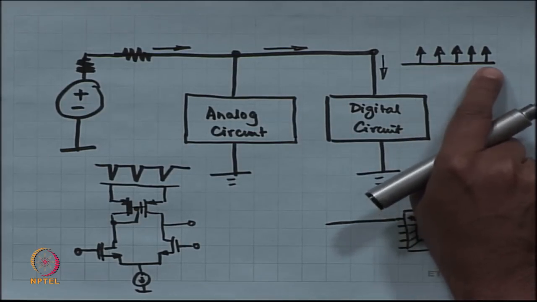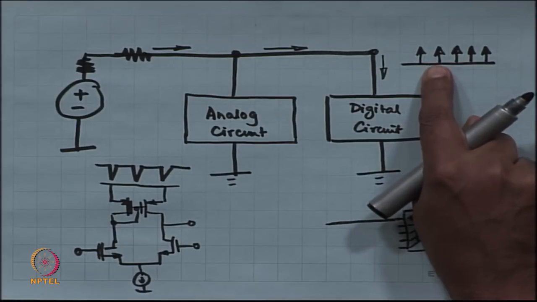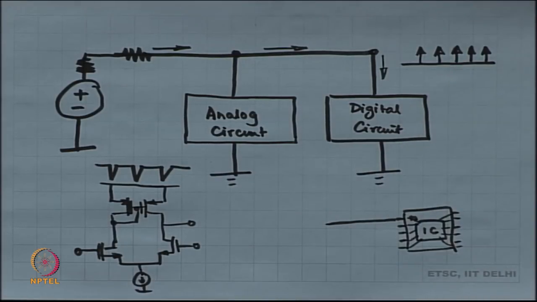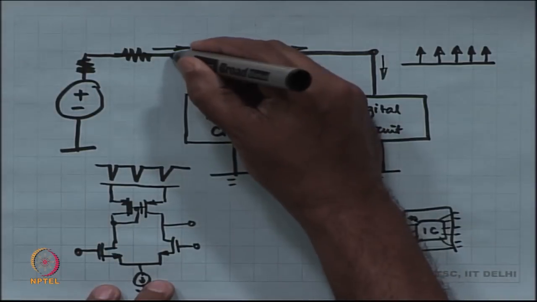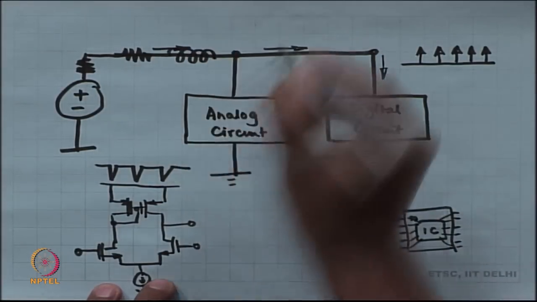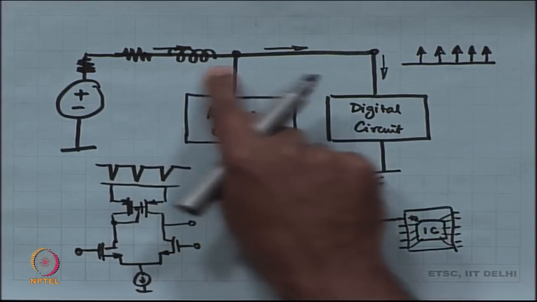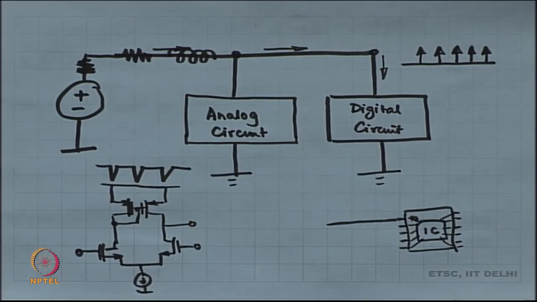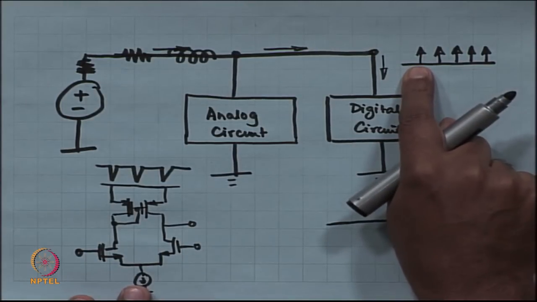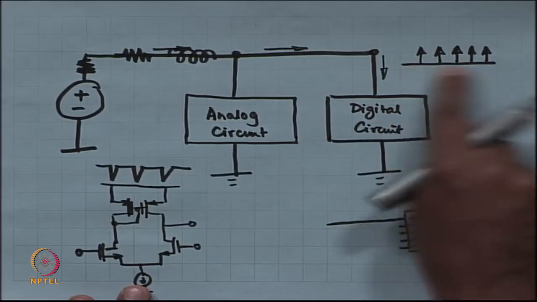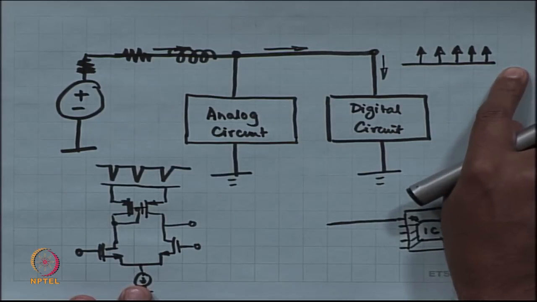And now this spiky current, which looks like a sequence of impulses, is coming through inductance. If current comes through inductance, what is the drop? L times di by dt. Imagine this is already impulsive, full of impulses.